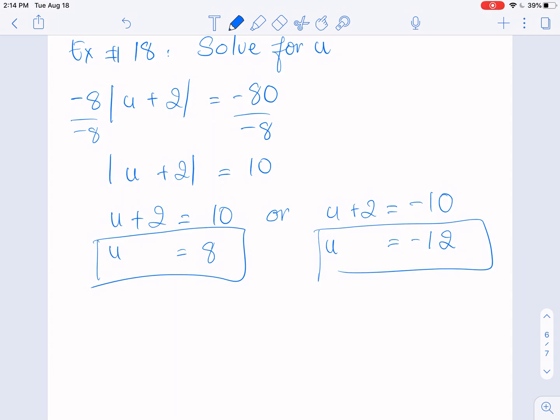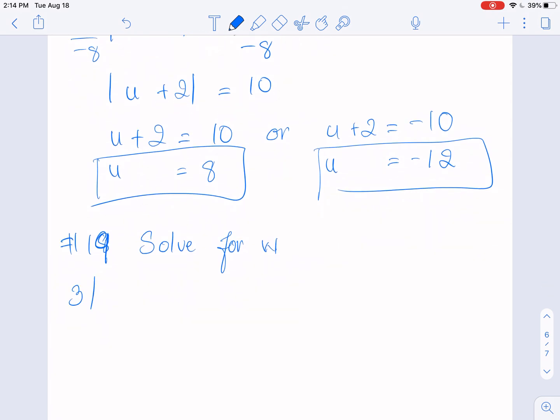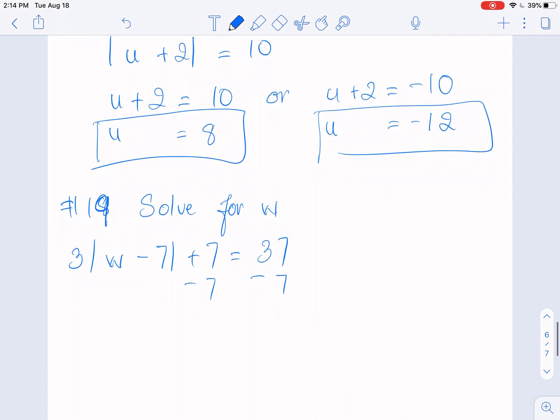Okay, so make sure you isolate the absolute value. For example, let's take a look at number 19. We have to solve for w. So we have 3 times the absolute value of w minus 7, plus 7 equals 37. First I need to clear everything, so 3 times the absolute value of w minus 7 is 30.